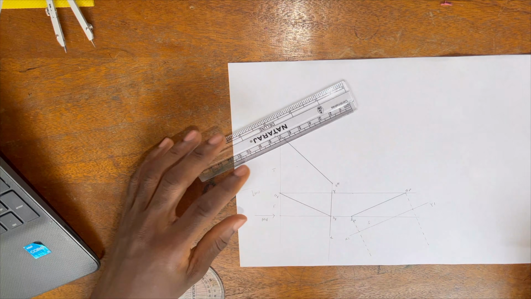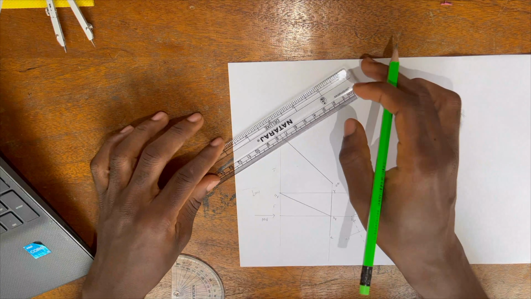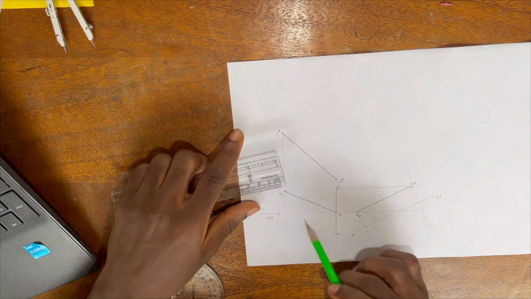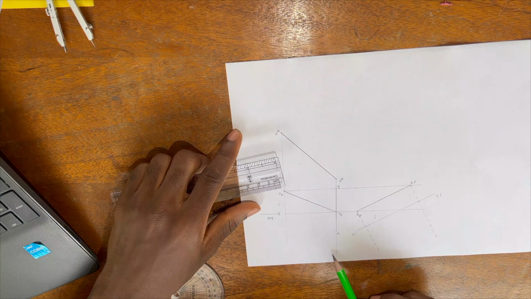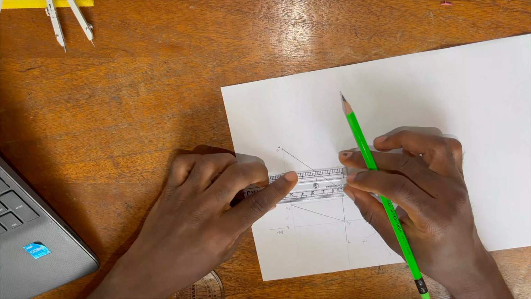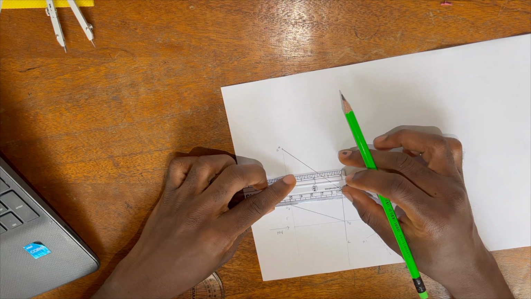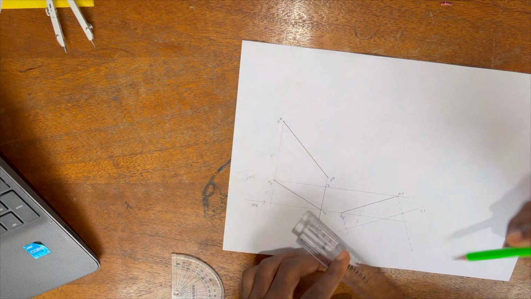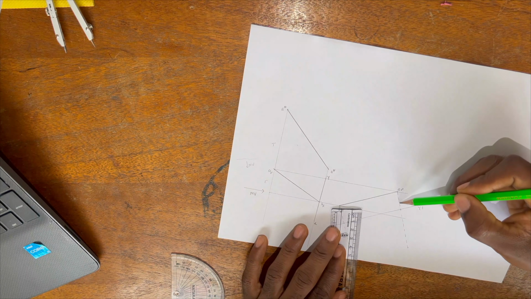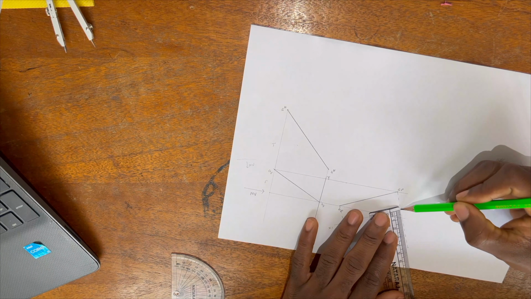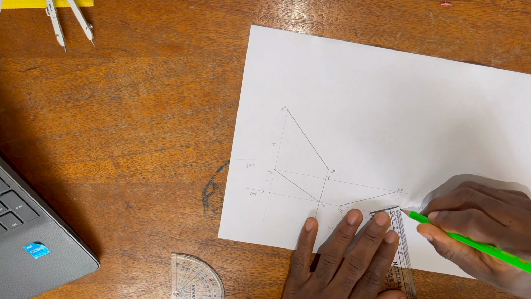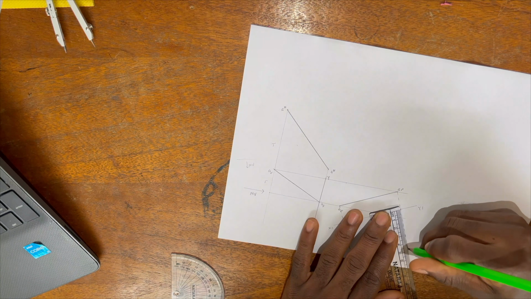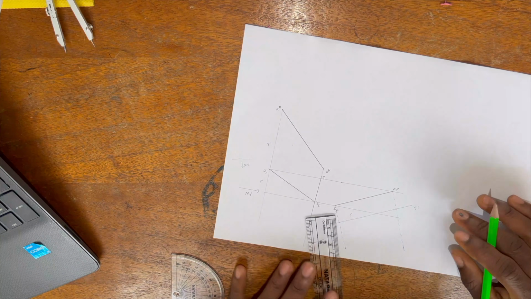Then I measure between A and B and XY. The distance between A and XY along the mutual projector is 5 centimeters. So along the projector of A in the side view, onto x1, y1, I measure 5 centimeters. So that's about here.